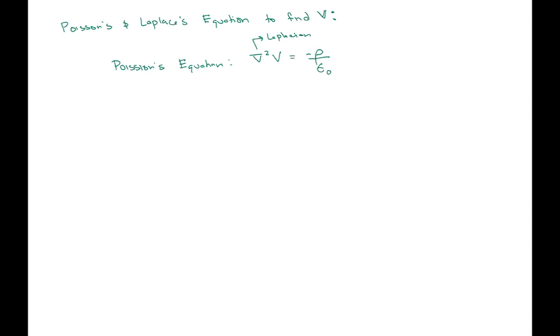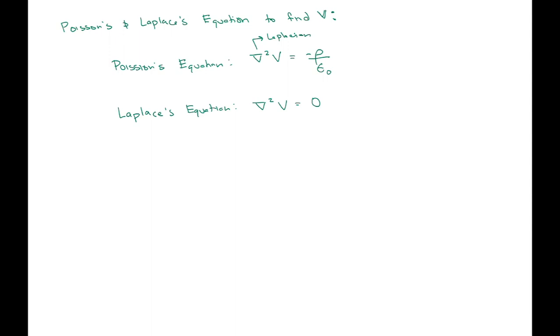That's Poisson's equation. A special case of Poisson's equation is known as Laplace's equation. And that's the equation that we use when we're in a region of space where there is no excess charge around, or we have a rho equal to 0. Okay.